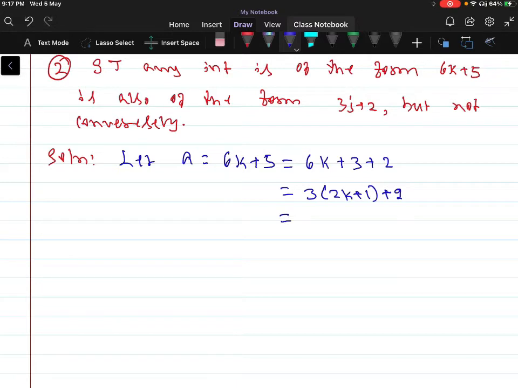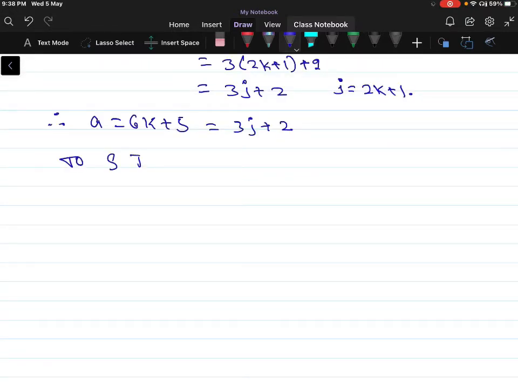So this can be done as 3 times of j plus 2, where j is equal to 2k plus 1. So therefore I can write a is equal to 6k plus 5 is also of the form 3j plus 2.